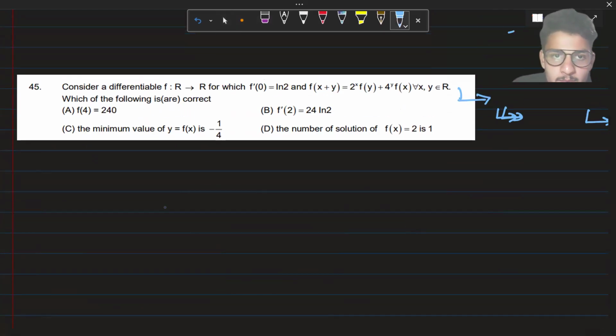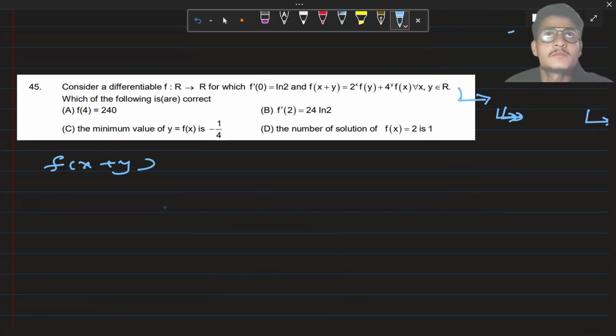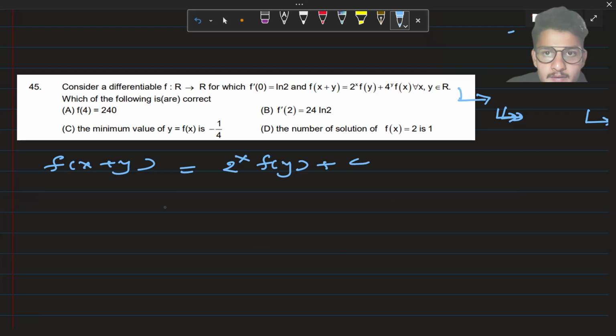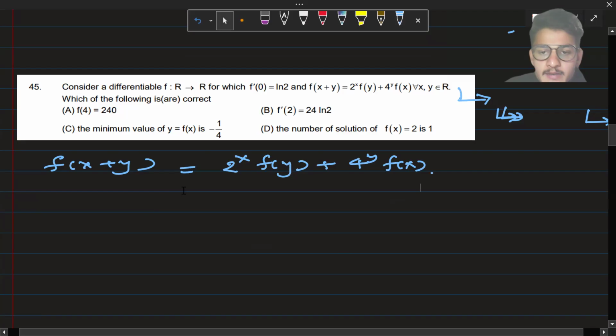If you see, f of x plus y is equal to 2 to the power x f of y plus 4 to the power y f of x. This kind of thing is given.